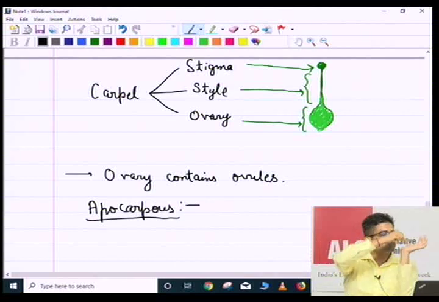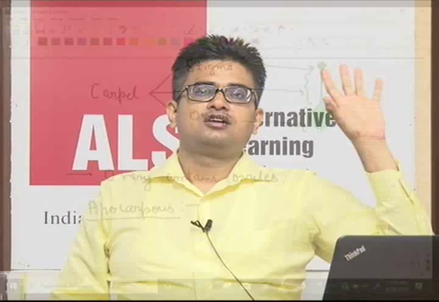They are present at separate points. And when you see this fruit, you will find the seeds are also separate. Their seeds are not sticking to each other. So this is called apocarpous condition.